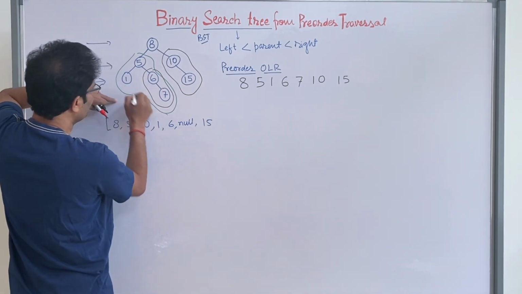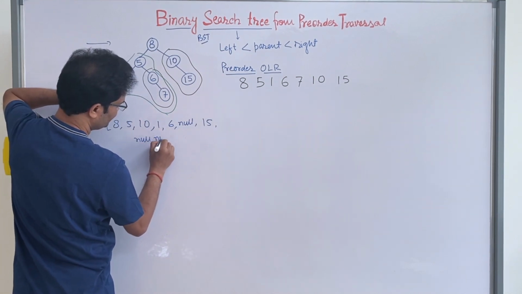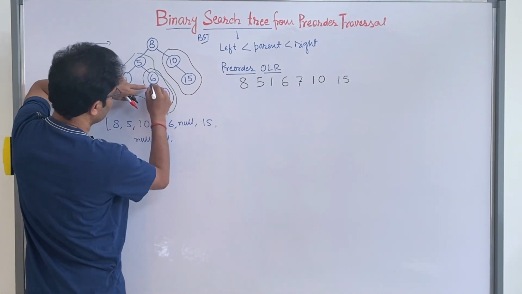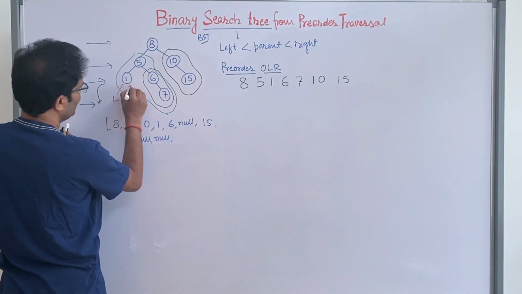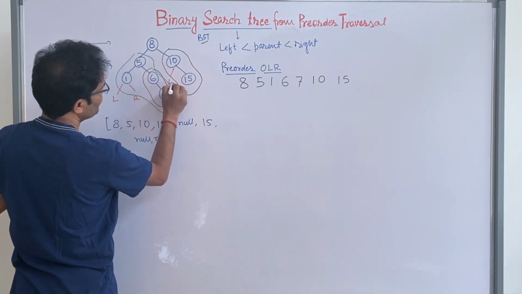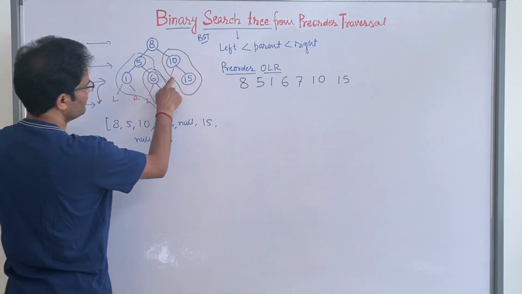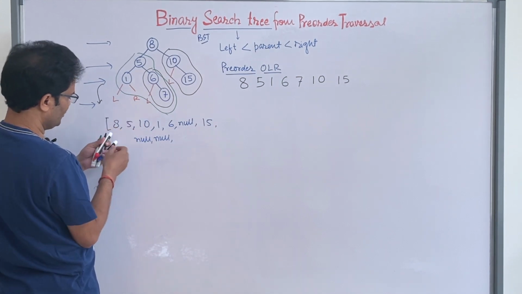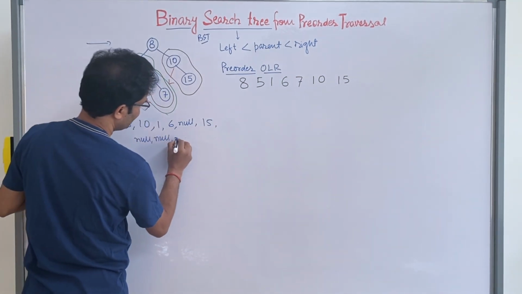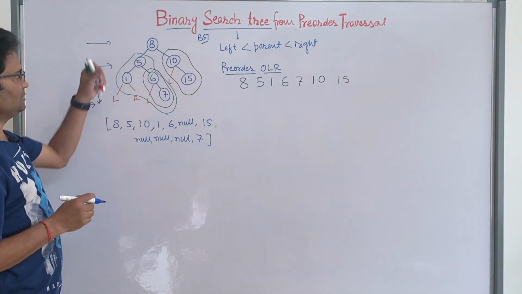So no left, no right, so you have to mention null, null again, and there is no left here. Means we are missing this left, this right, this left, this left, right? So this null represents this one, this is null for this one, and this is another null, and the same. So this is the array form of this binary search tree.